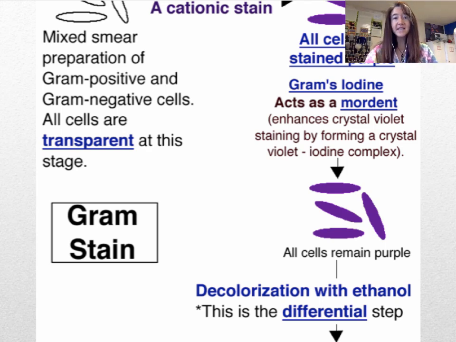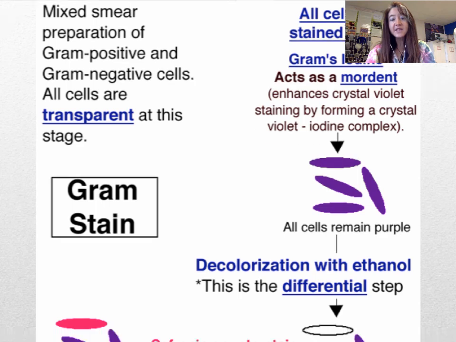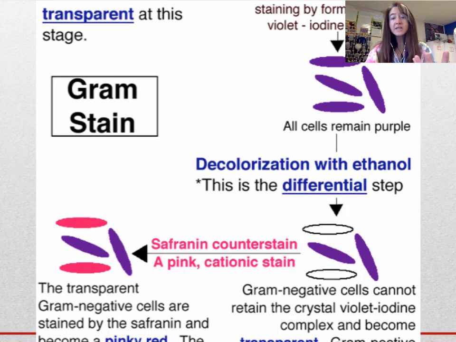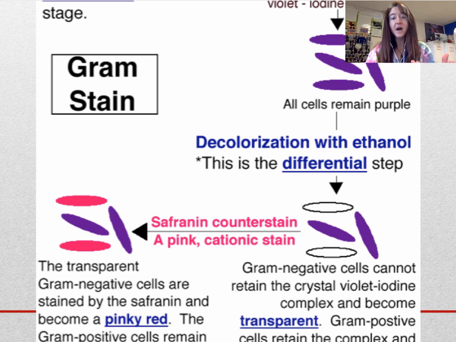Now what happens at this point, this is the pivotal step of the gram stain. It's everything. Because remember, the gram-positives hold on. They hold tight to the crystal violet iodine complex, whereas the gram-negative cells allow that to slip out. Now here we see that the gram-negative cells have become clear, whereas the gram-positive cells have remained purple.